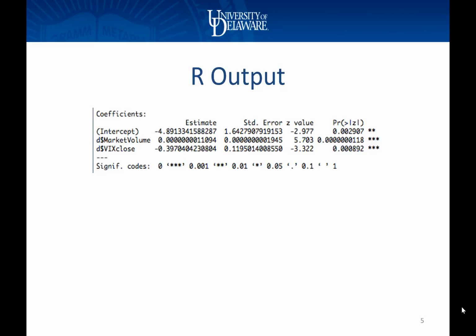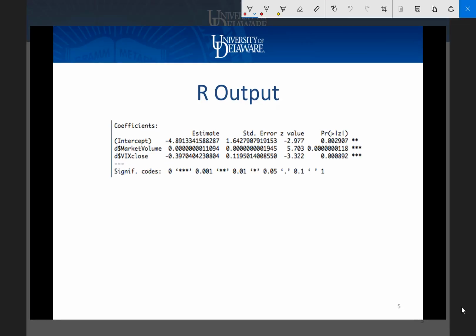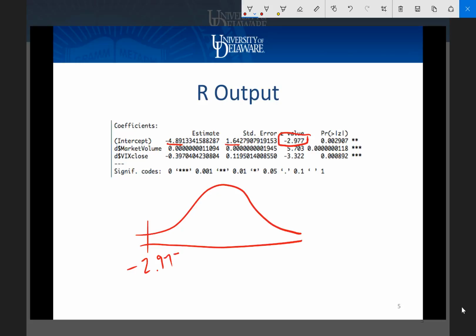So, negative 4.89 divided by 1.64 is the test statistic. That value is negative 2.977. And when we try to find that value on a standard normal distribution, we're way down here, negative 2.977.